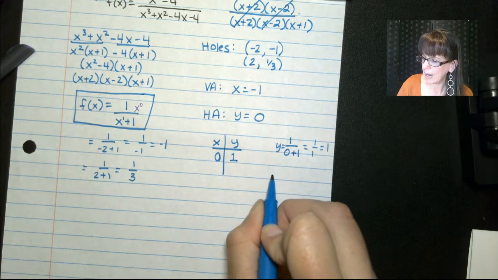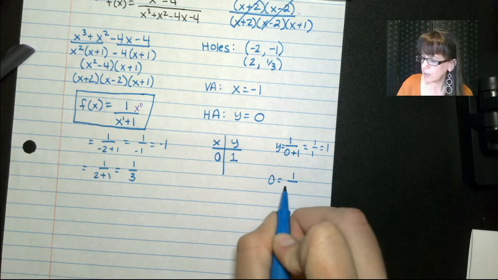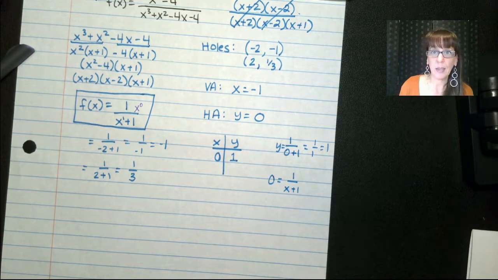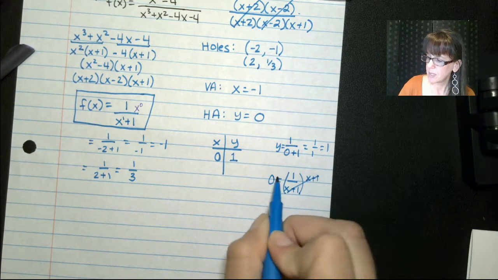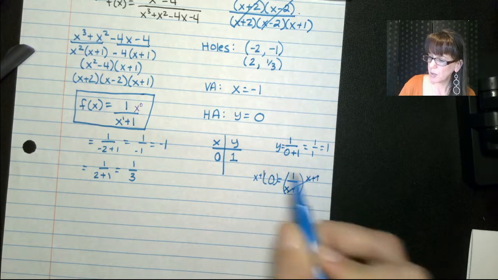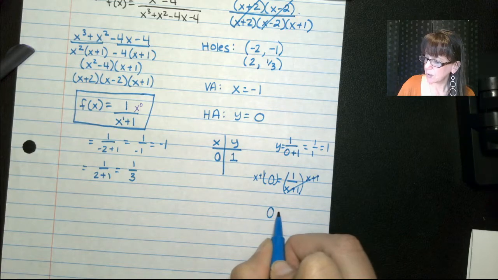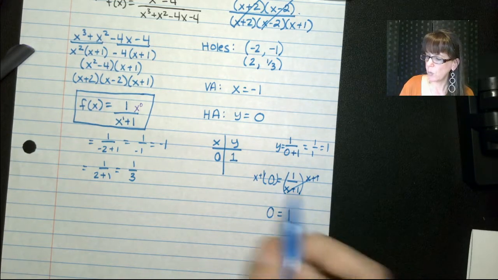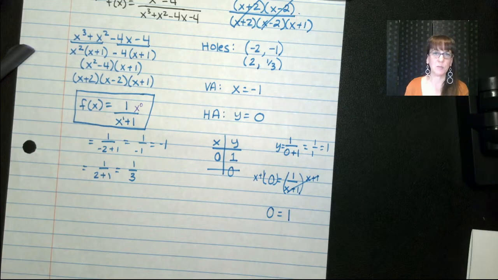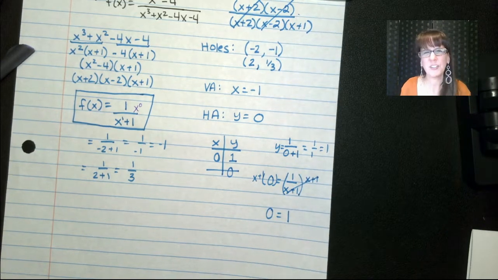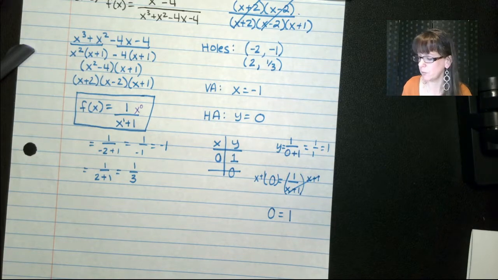Now, when y is 0, we've got 0 equals 1 over x plus 1. Okay, so I want to multiply both sides by x plus 1. That gives me 0 equals 1. So when y is 0, we do not have an x-intercept. I shouldn't say undefined. It would just be that we don't have one.